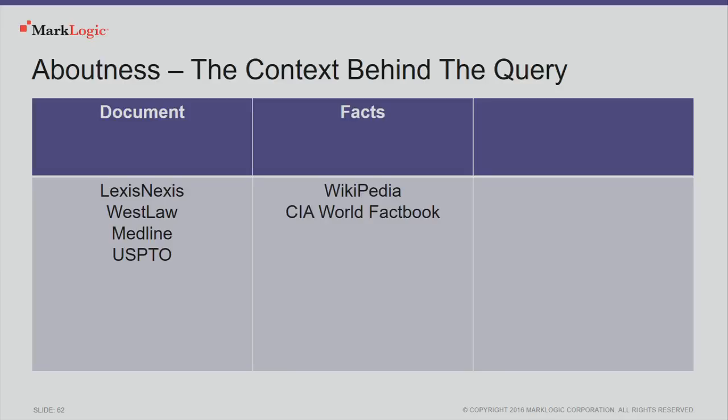Over time, with the introduction of Wikipedia, the CIA World Factbook, and other sources of record, results became facts. They became a way of presenting facts instead of documents, so that you could get the information you needed by looking at the first thing that showed up on your results list. And then finally, information. You saw the info box, Google, Bing, everybody's doing them these days, where you build the information on the fly from your scattered information sources.